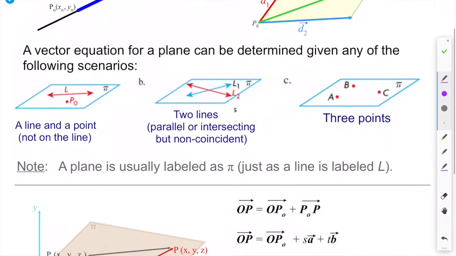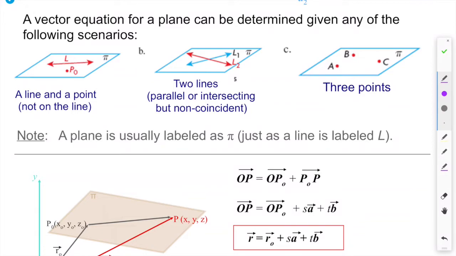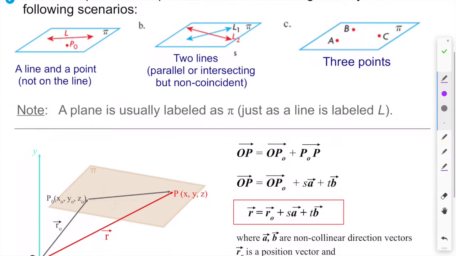So a vector equation for a plane can be found using 3 different sets of given information. First of all, of course, is giving me a line and a point, so that through the point and any points on this line, I can figure out another direction vector on this plane. The second scenario is having 2 non-coincident and non-parallel lines, like what's indicated in the second diagram.